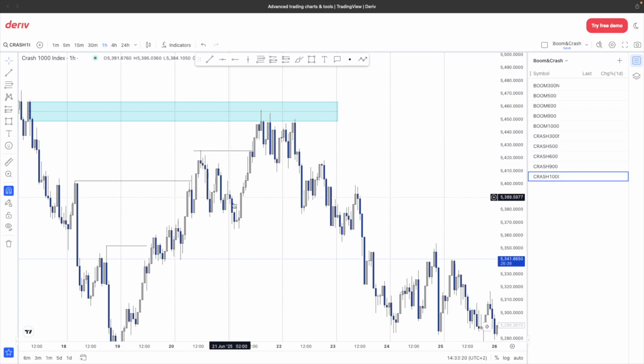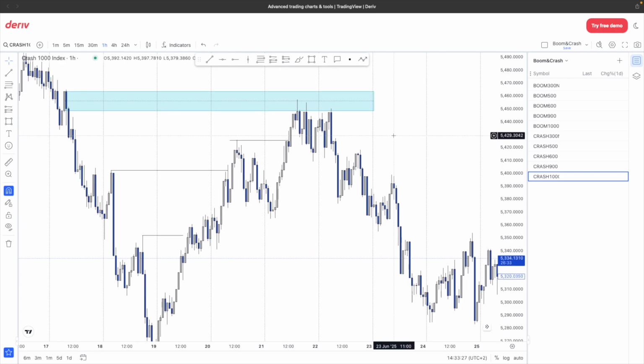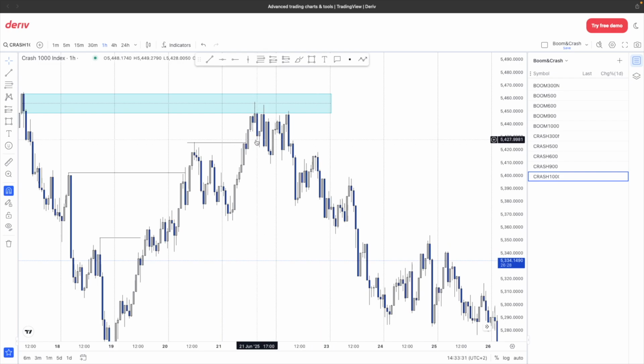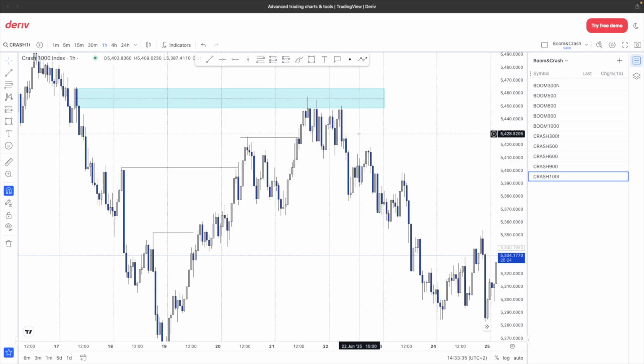After this retracement, we made a new leg here. So this was our low, this was our high. So what we wait for now is a market structure shift or a break of structure, just to confirm that we are currently going into a downward trend.